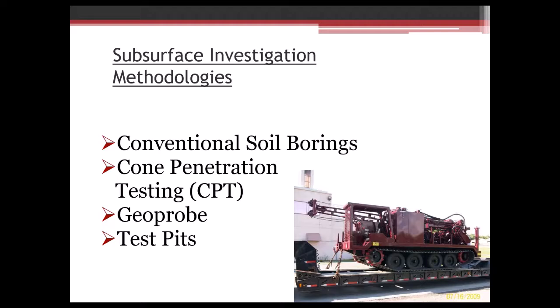While we're on this slide here, if you notice that picture in the corner, that is what we refer to as an ATV mounted drill rig. It means it's an all-terrain vehicle. That is a unit that is mounted on tracks. Just for general reference, the weight of that unit is somewhere around 15 ton. However, the ground pressure is less than what most people exert when they're walking.